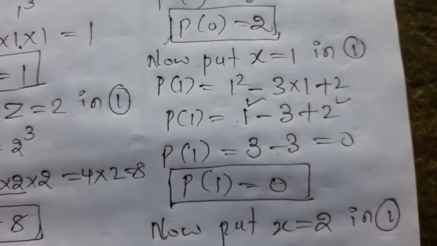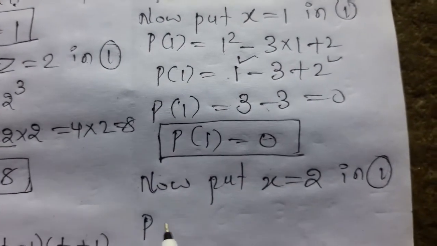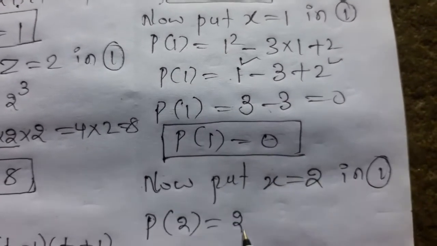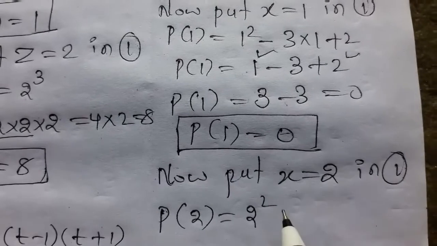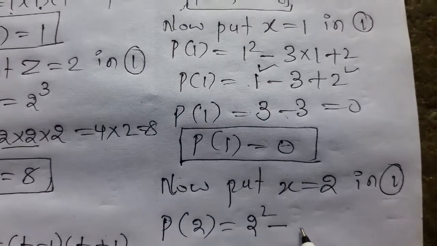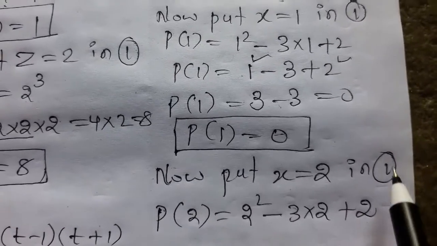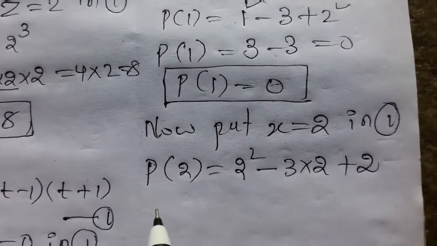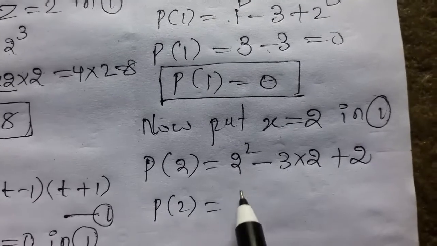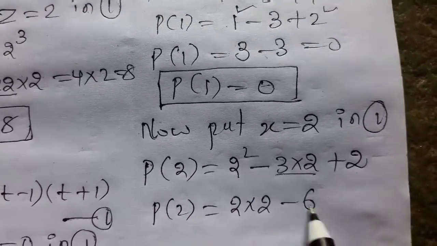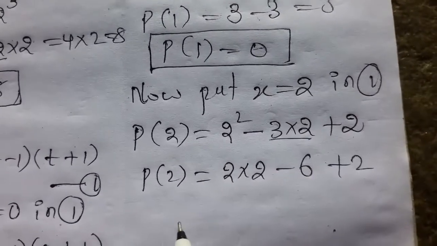Now put x equals 2 in equation 1. We know the equation. That means P of 2 is equal to, in the place of x, 2 square minus 3 into 2 plus 2, isn't it? Now P of 2 is equal to 2 square means 2 into 2, minus 3 twos are 6, plus 2.